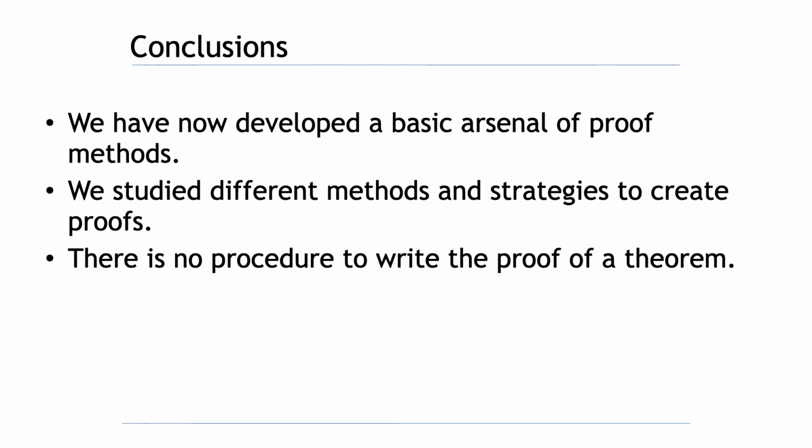And an important takeaway is that there is no procedure to write the proof of a theorem. You just use the general method and then you combine the axioms with rules of inference and premises in the best way you can. If you don't get the expected result, you try again using a different way.